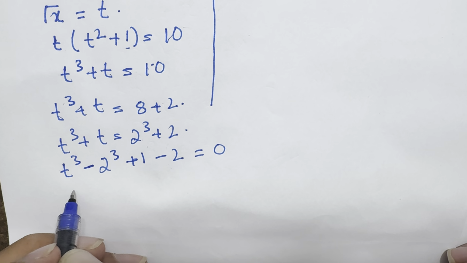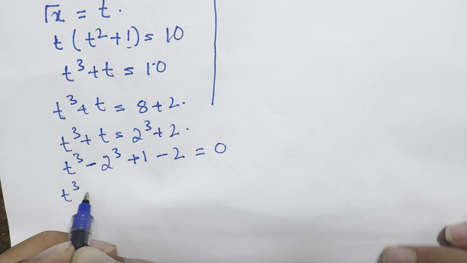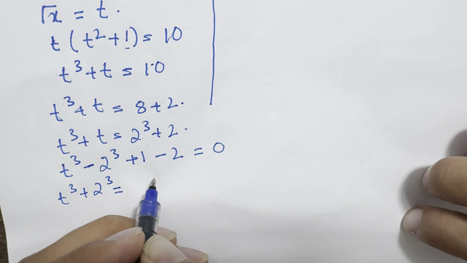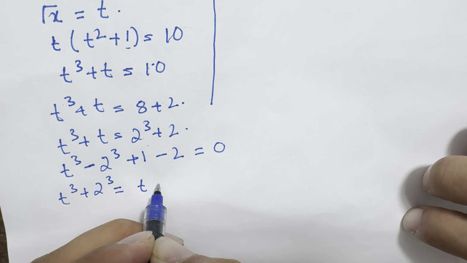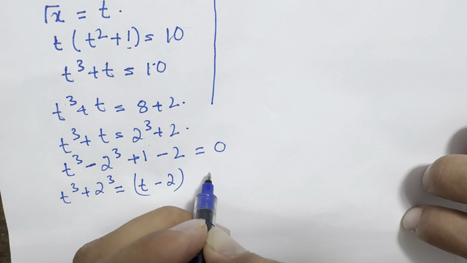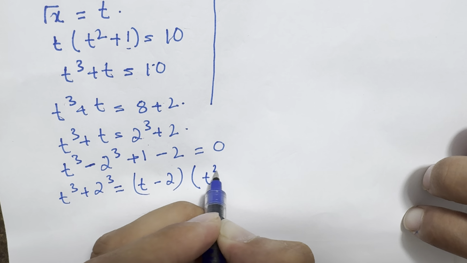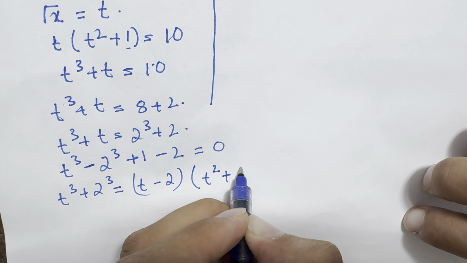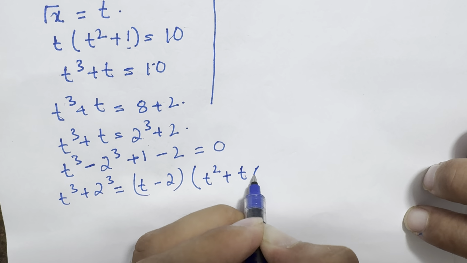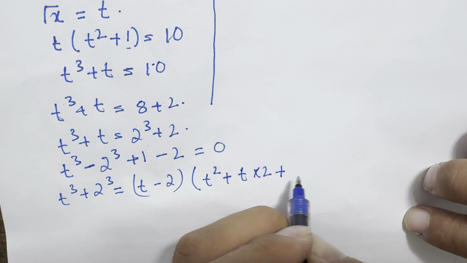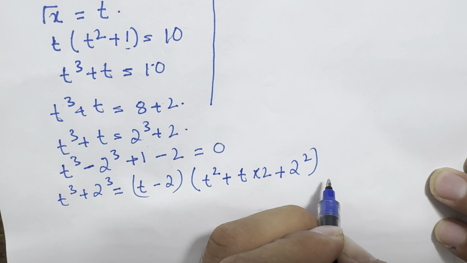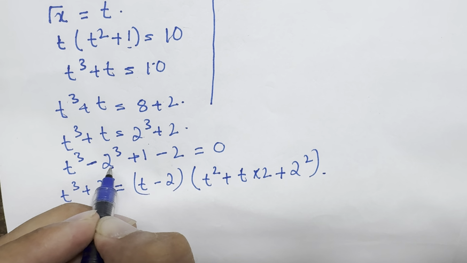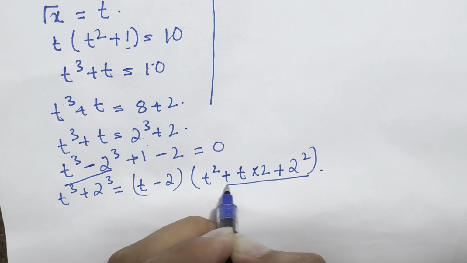t cube minus 2 cube I can write by formula, which is t minus 2 into t square plus t into 2 plus 2 square. Okay, so this term will become like this.